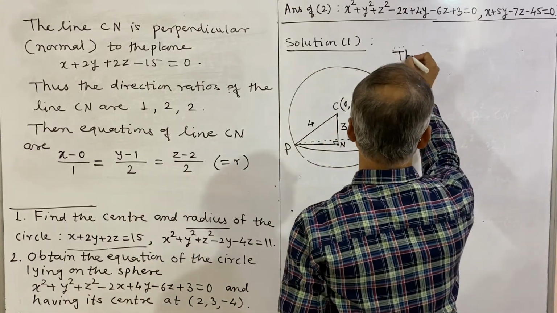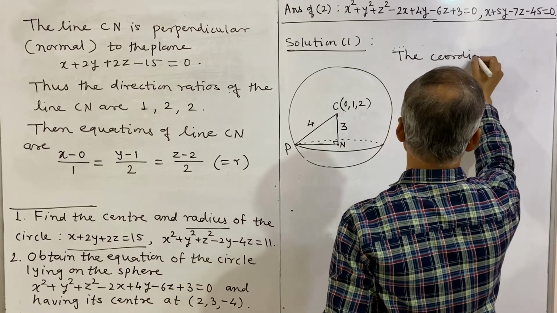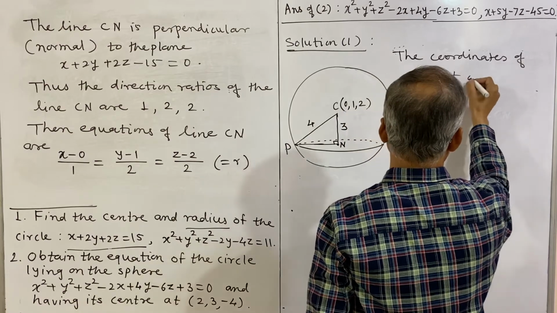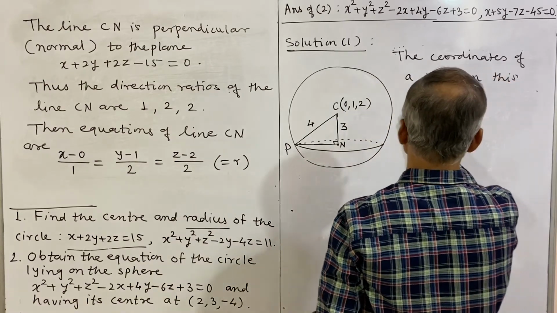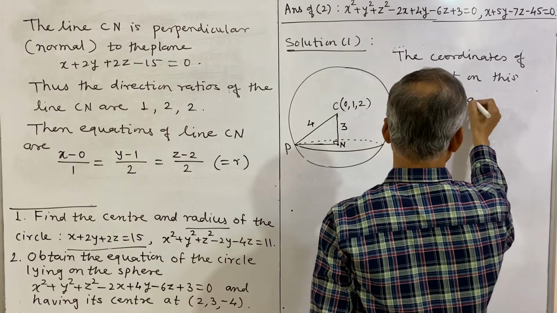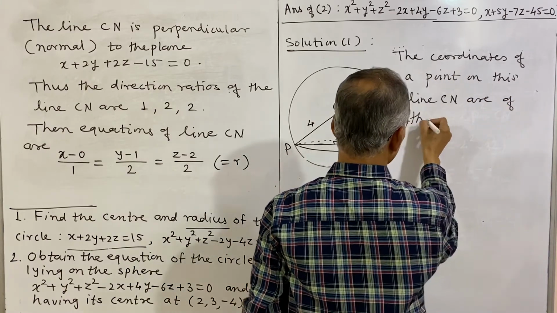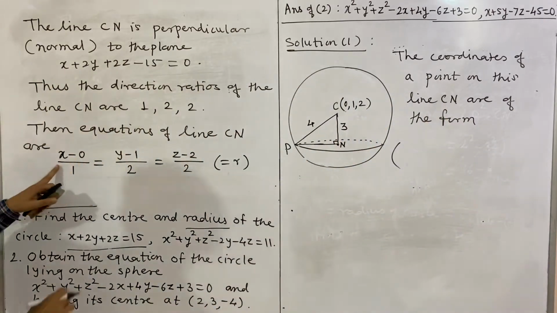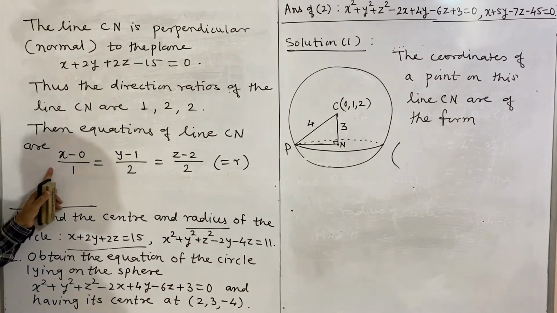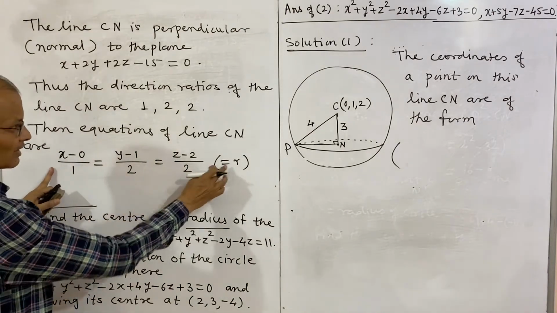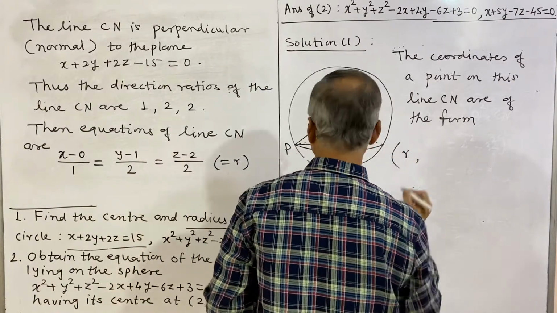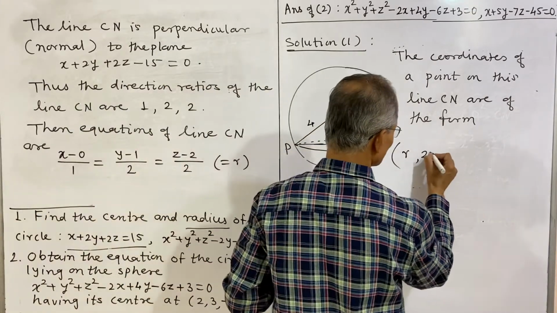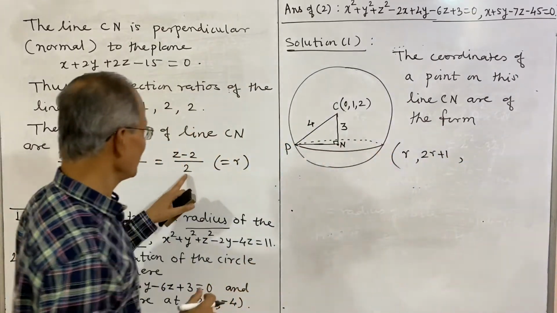Therefore the coordinates of a point on this line Cn are of the form, see from the equation we can write, equate x to this ratio equal to r, and that gives x is equal to r, and then y will be 2r plus 1, and z will be 2r plus 2.